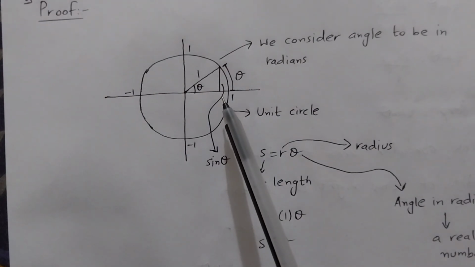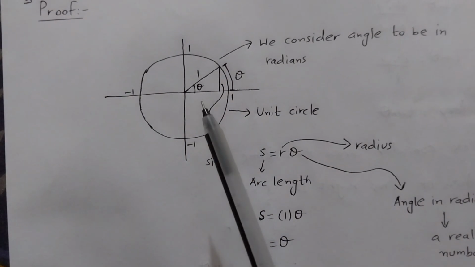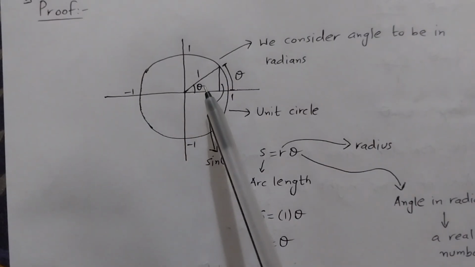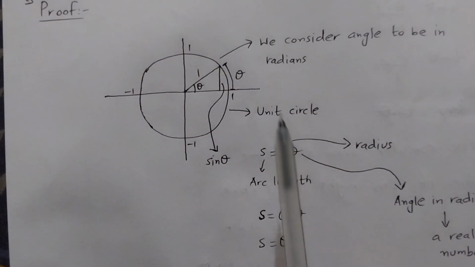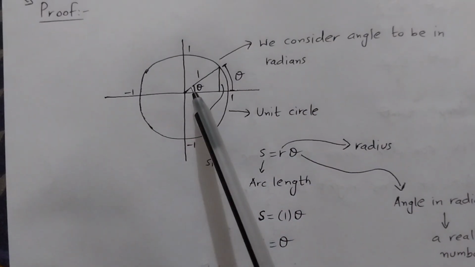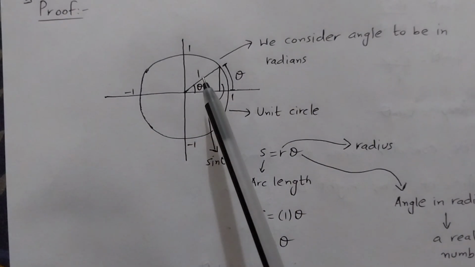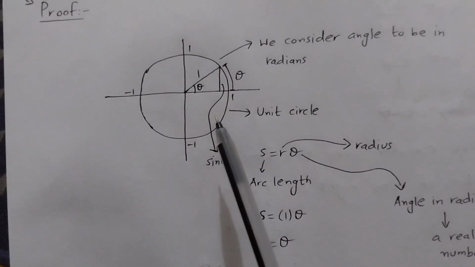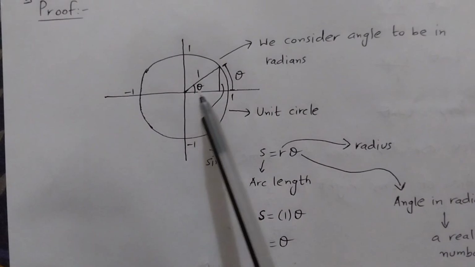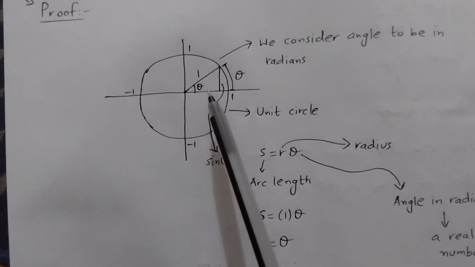I have drawn a perpendicular from this point to the theta axis, and obviously the distance from this point to the origin is 1 because this is a unit circle and the radius is equal to 1. And this angle, theta, I am taking in radians.